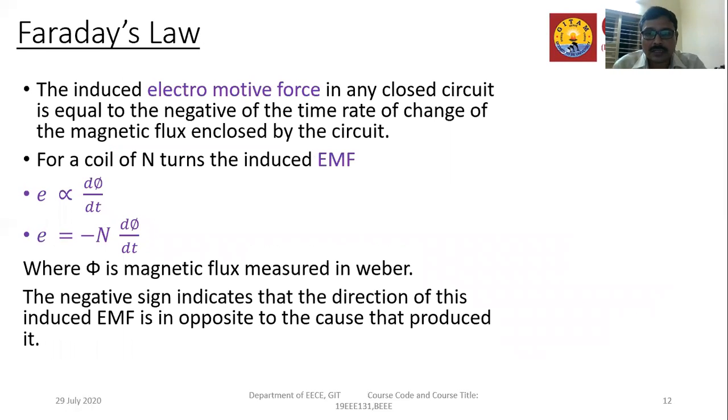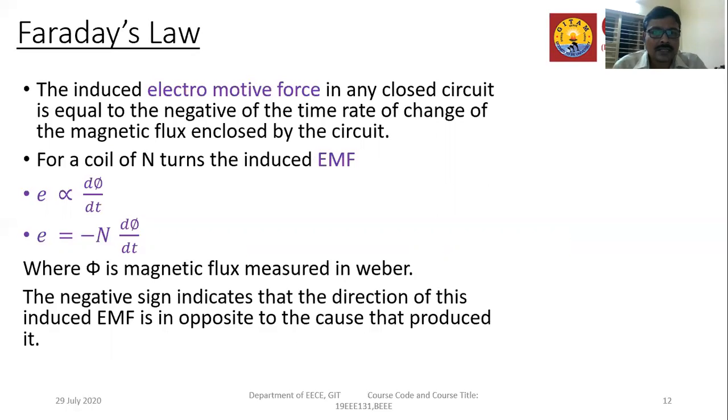Next topic, which one should understand before going into the working principle of the DC machine, is the law behind the machine. So I have kept the simple statement of Faraday's law. The induced electromotive force in any closed circuit is equal to the negative of the time rate of change of the magnetic flux enclosed by the circuit.